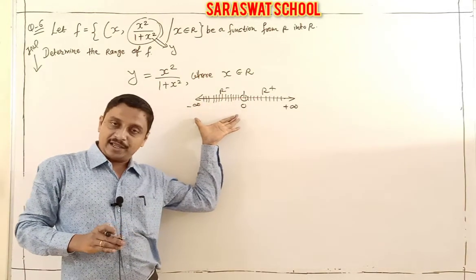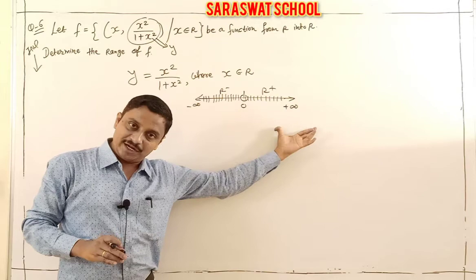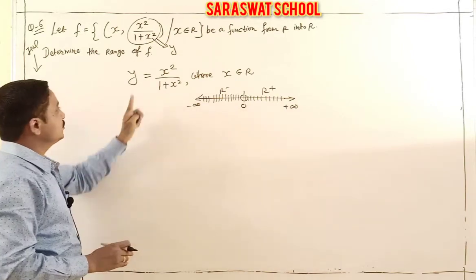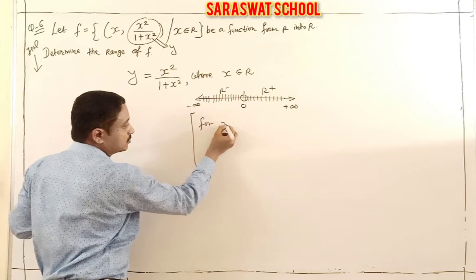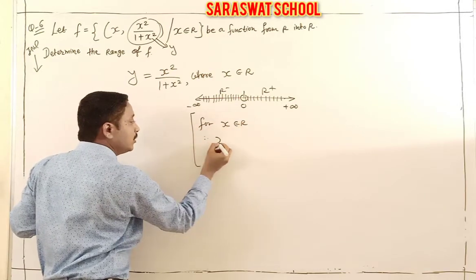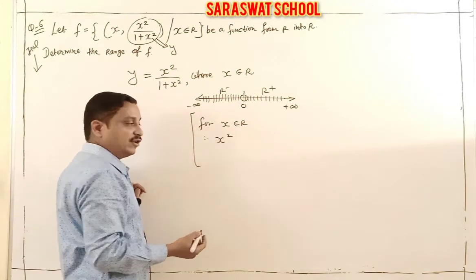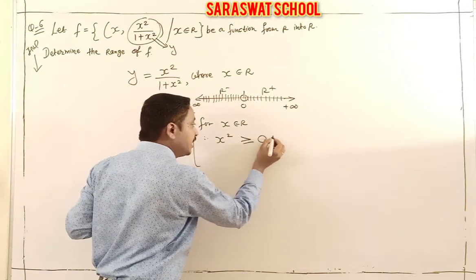So R negative, 0 and R positive, all are included. If you take square, for x belongs to R, definitely your answer is non-negative.